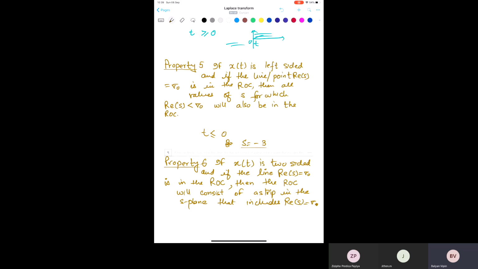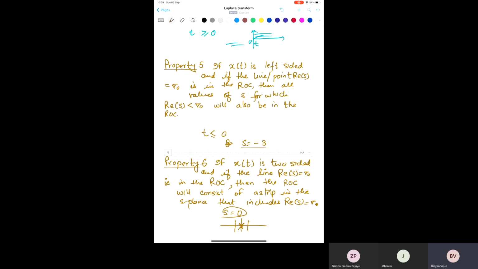Suppose this is s equals 0, and x(t) is on the positive side of the time axis and the negative side also. Then our ROC will be something like that, a strip which will contain this point also.